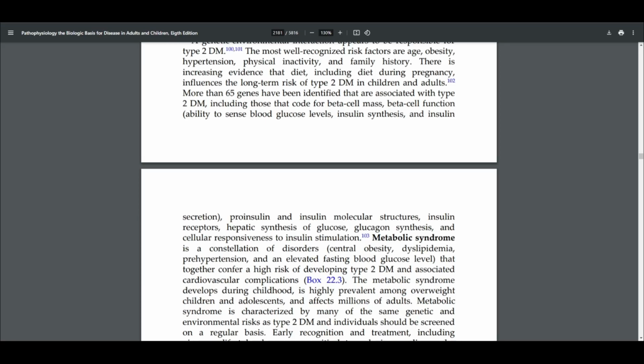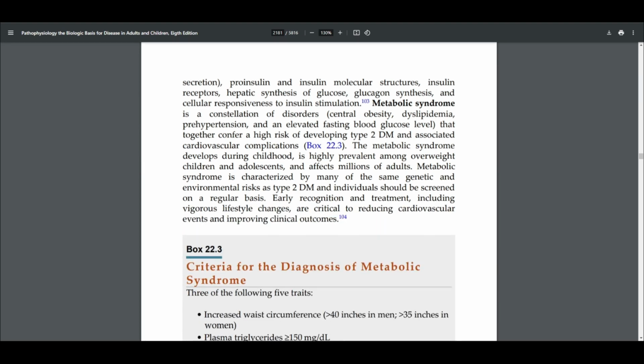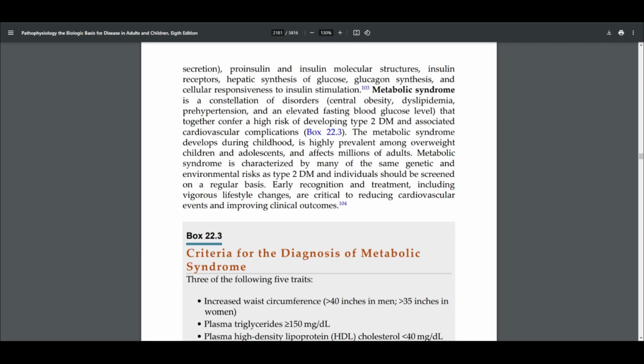More than 65 genes have been identified that are associated with type 2 diabetes, including those that code for beta cell mass, beta cell function, proinsulin and insulin molecular structure, insulin receptors, hepatic synthesis of glucose, glucagon synthesis, and cellular responsiveness to insulin stimulation.